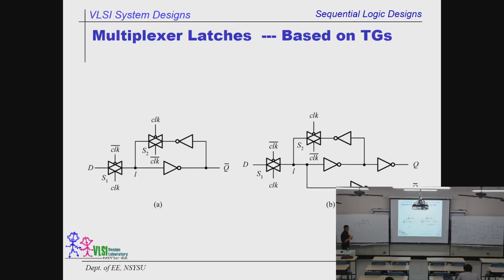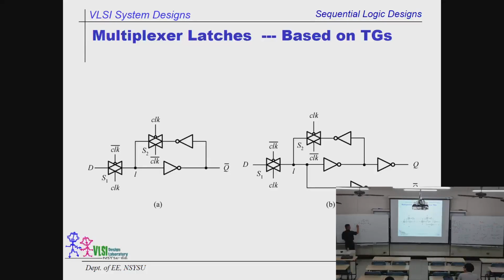Okay, clock bar. And what does this mean? Okay, let's check. The first one is controlled by clock, and the second one is controlled by clock bar. So when the first one is 1, okay, when clock is high, what you see? When clock is high, this one is short circuit, it is on.